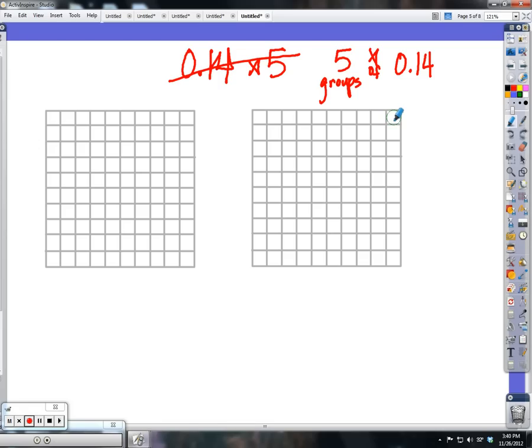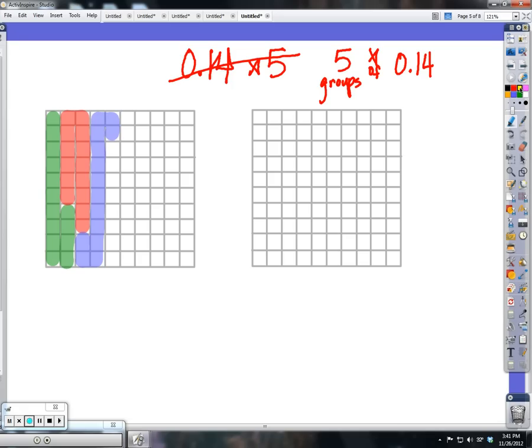Okay, so I need one group of 14/100. So there's 10, 11, 12, 13, 14. There's one group. So now two groups. 1, 2, 3, up to 14. There's two groups. Now three groups, 1 to 14.